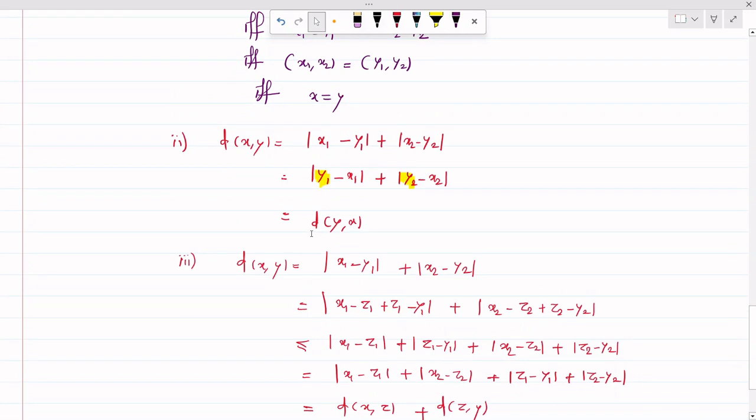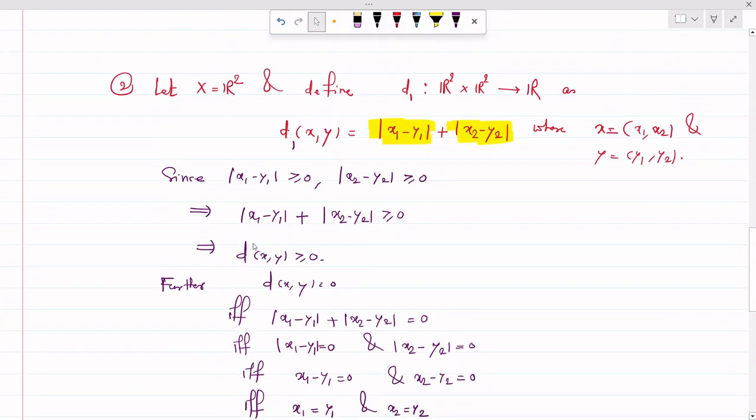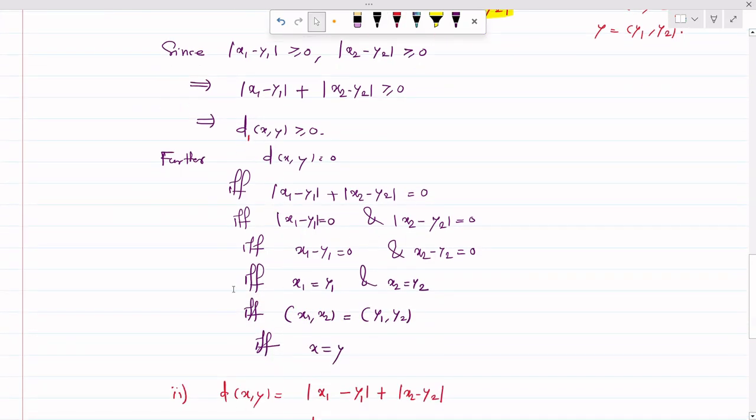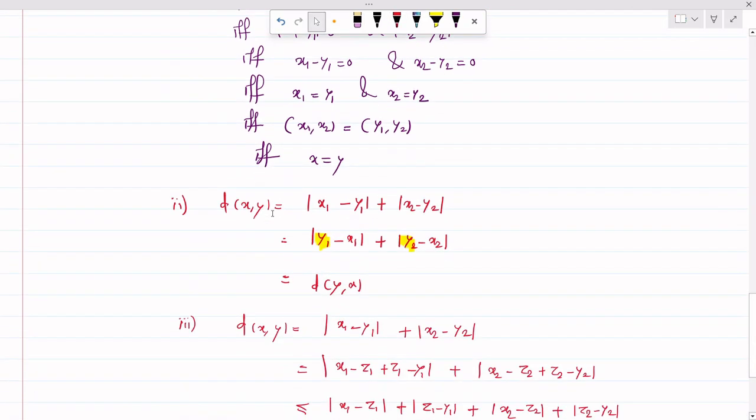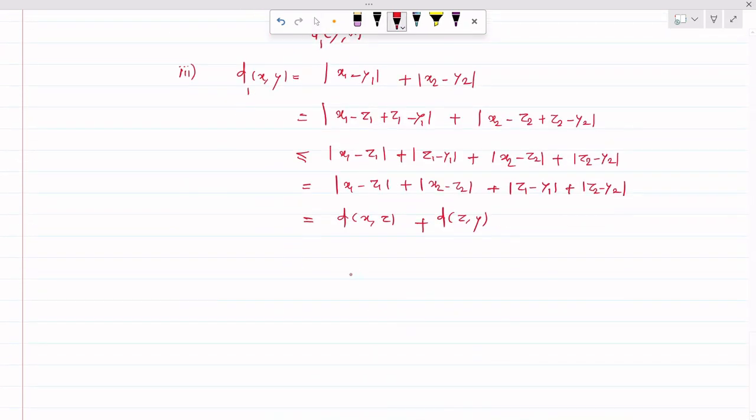Okay, we need to do only one change throughout the solution, that as we have taken d1, we have to replace d by d1 everywhere inside the solution. So let me do that. Okay, so that clearly means that d1 is a metric on R2.